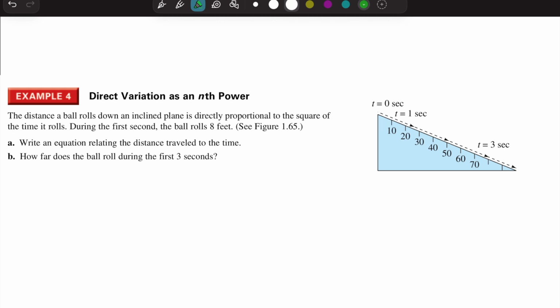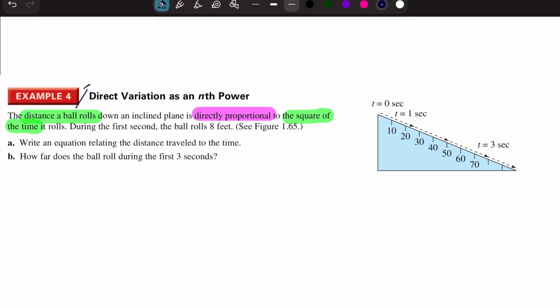All right, so the distance a ball rolls down an inclined plane is, right away we see directly proportional, I'm going to highlight that, to the square of the time it rolls. Okay, so let's see. What are our variables? The distance a ball rolls is directly proportional to the square of the time it rolls. Let's come up with names for our variables.